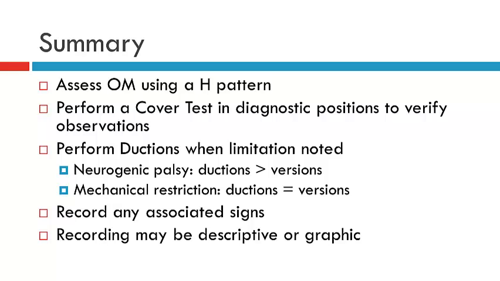Look for any associated signs, look at the lids, look at the globe, note any pain, and record those associated signs. And you can record either in the descriptive or graphic method, and in Australia this is fairly variable as to what method is being utilised.